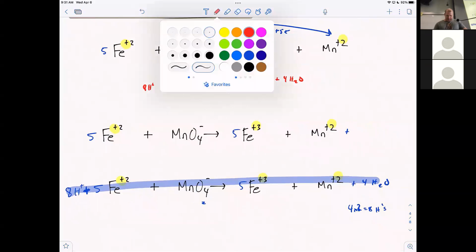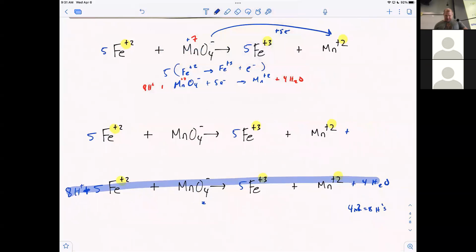In order to balance the oxygens, you add waters. You add 4 waters because there's 4 oxygens here, and now 4 waters is going to balance the oxygens for those four oxygens in the permanganate anion. Does that make sense?